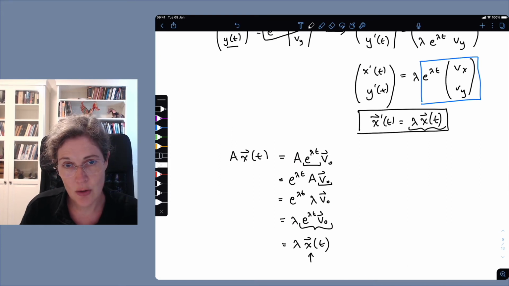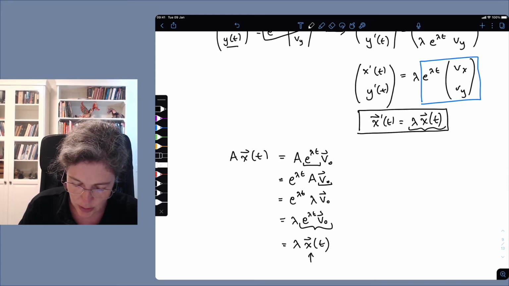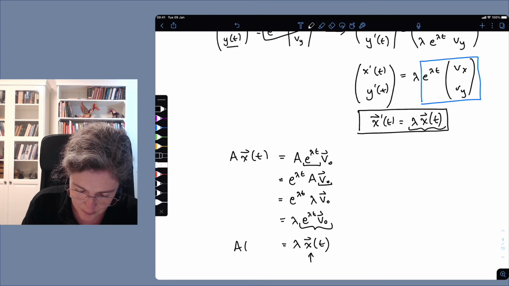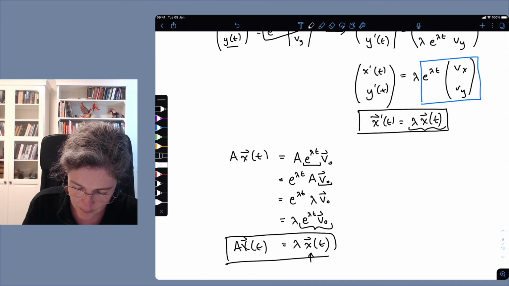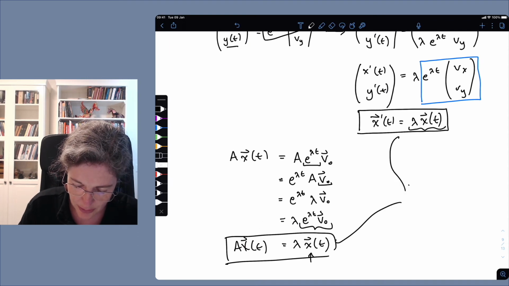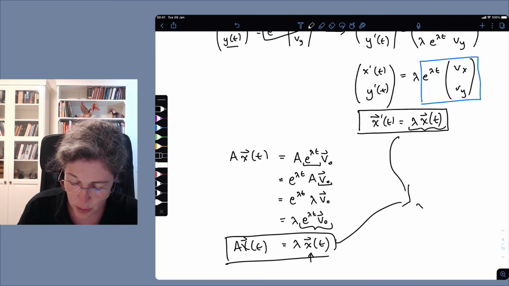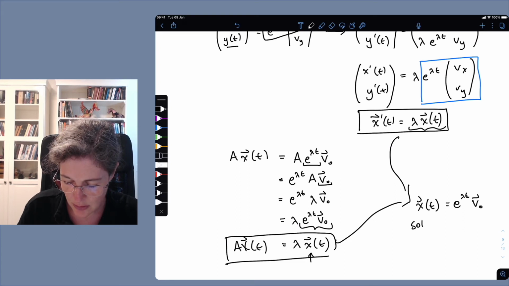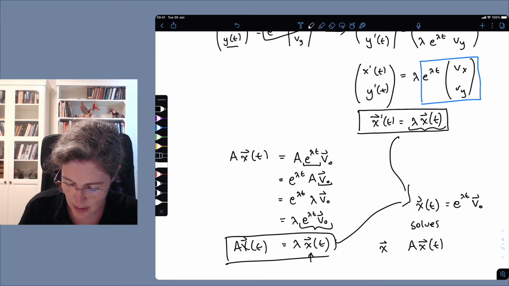So we conclude that putting these two together, we've shown that our x of t equal to e to the lambda t times our eigenvector solves the equation that we were interested in, which was this thing.